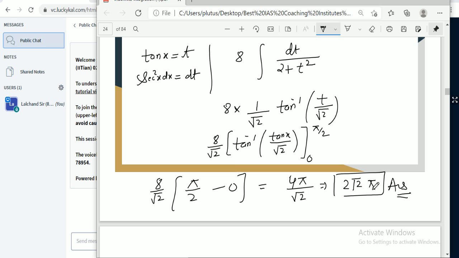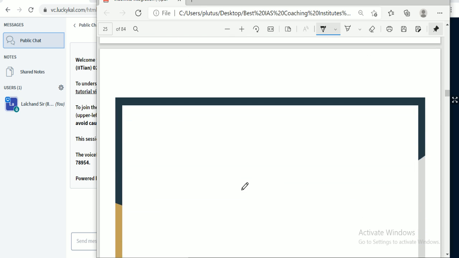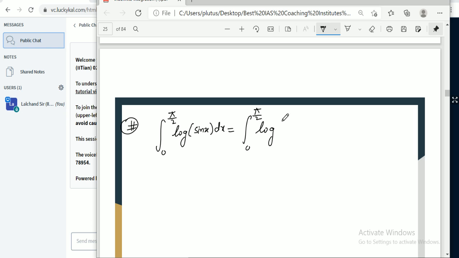No. Okay, fine. So we have an important result. Try to remember this result. Sometimes we use this directly: integral 0 to pi by 2 of log of sin x dx, or integral 0 to pi by 2 of log of cos x dx.